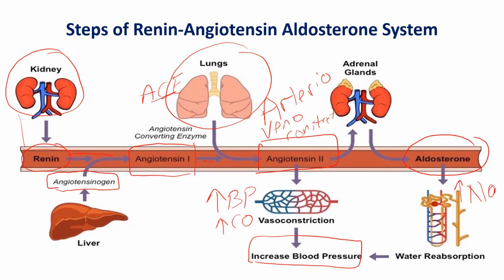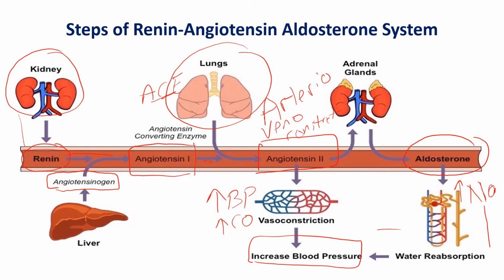Sodium is retained. It will increase sodium retention, I should say. Same thing. Now, why is that important? When you increase sodium retention, you are increasing blood pressure, you're increasing cardiac output, because remember, water follows salt.